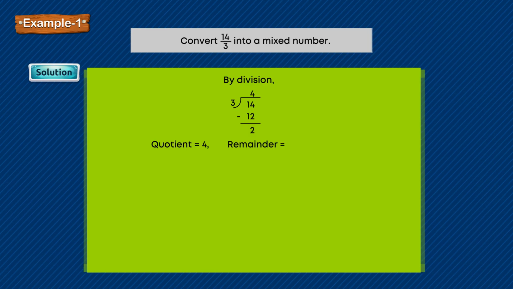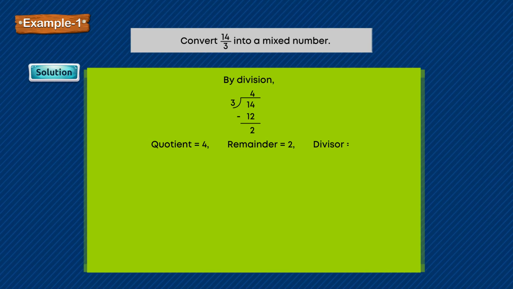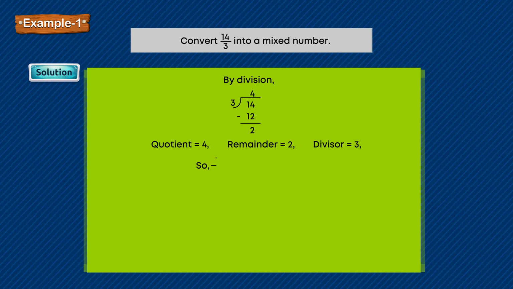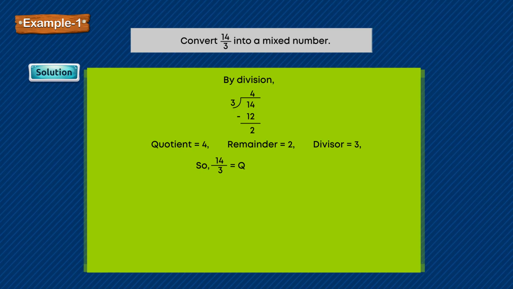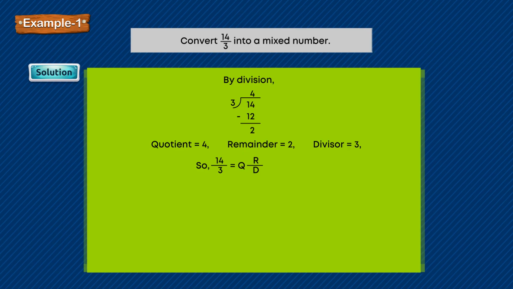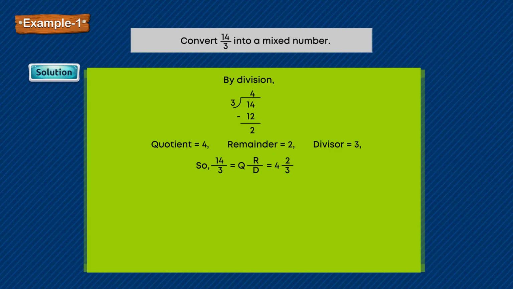Remainder is equal to 2. Divisor is equal to 3. So, 14/3 is equal to quotient, remainder by divisor, is equal to 4 2/3.